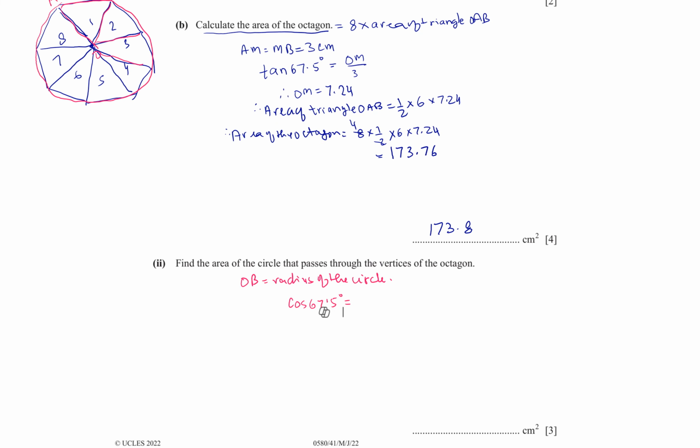So that's 3 over OB. Therefore OB would be 3 divided by cos 67.5.